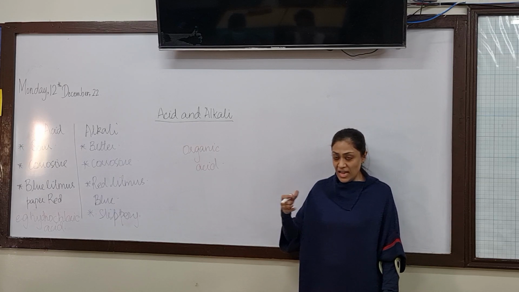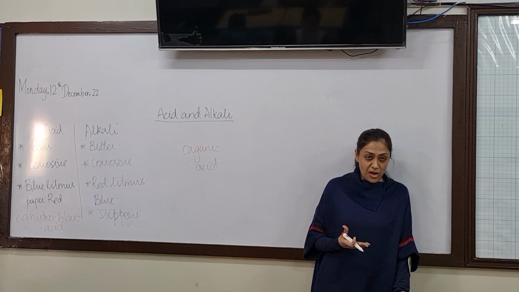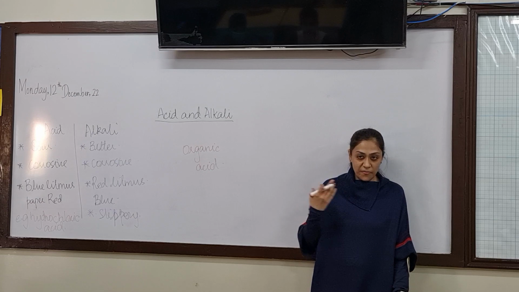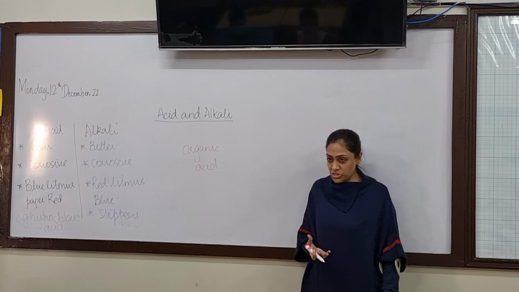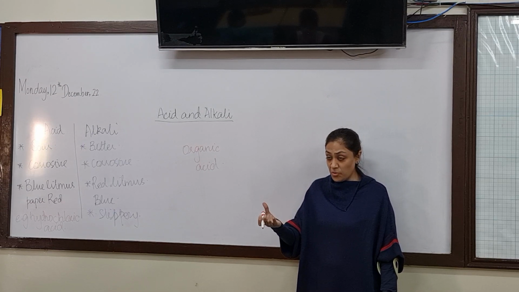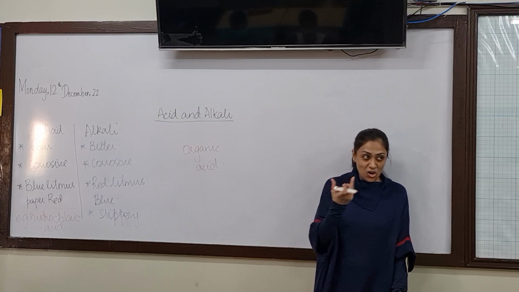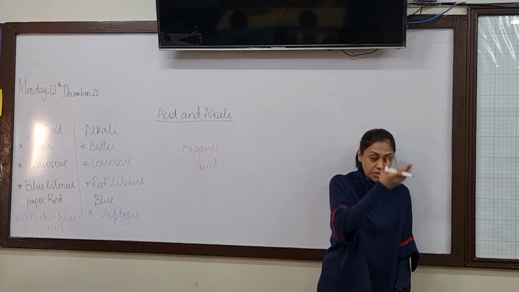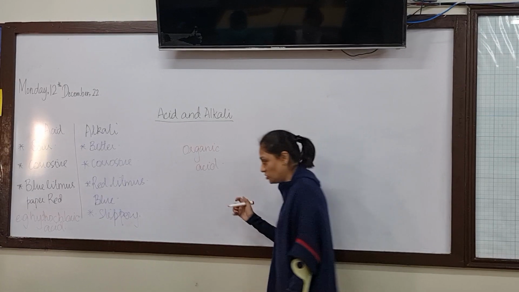Any acid that is found naturally in this world, for example, in the ant sting or the bee sting or the wasp sting, and even in a fruit. Any organic acid that you are familiar with that is present in a fruit, this citrus acid, that is citric acid.